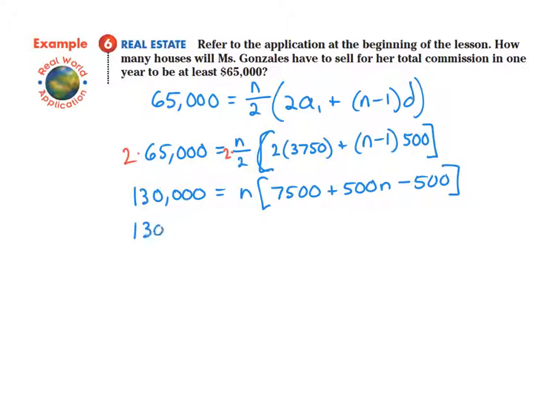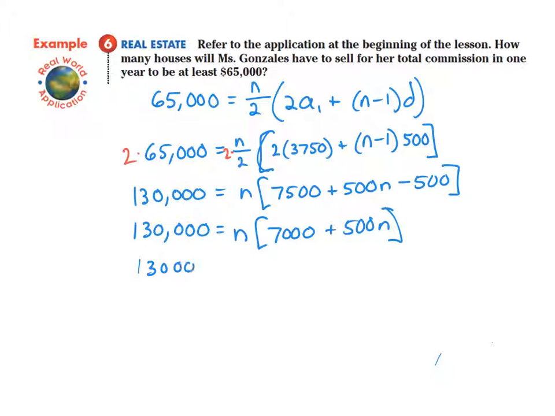We all okay? Okay. So I'm going to just clean up a little bit in the parentheses. So I have 7,500 minus 500 is 7,000 plus 500n. And I can distribute my n there.